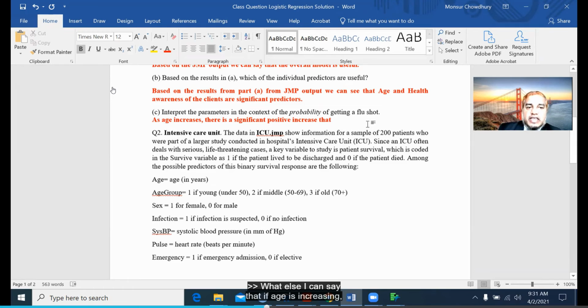What else can we say? If age is increasing, there is a significant positive increase that someone gets a flu shot, or the clients get a flu shot.